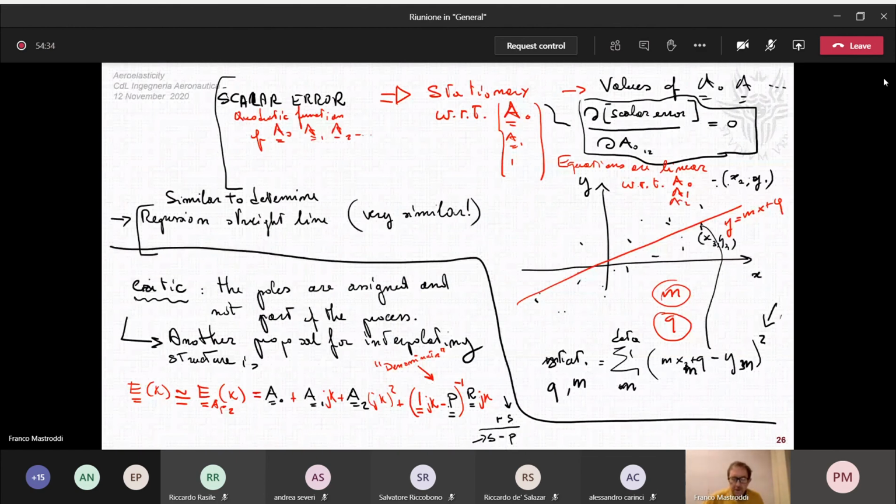So we have not a polynomial, but a matricial fraction with R and P matrices to be determined in my process.